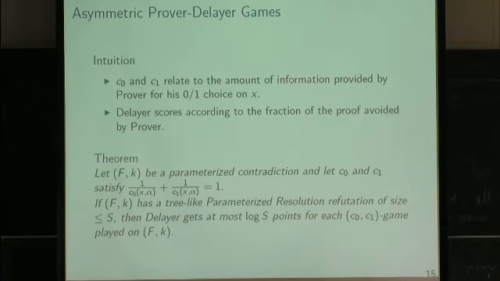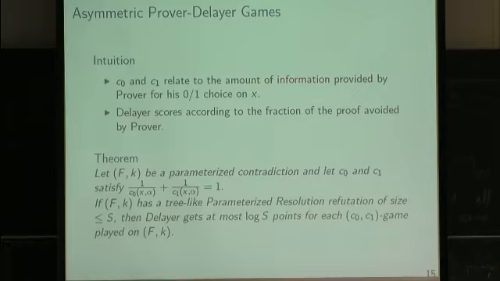Now, the idea is that these functions C0 and C1 should relate to the amount of information that the prover provides for his 0-1 choice. And you will see maybe in a minute that you can also interpret this as saying that the delayer scores according to some fraction of the proof that is avoided by the prover.